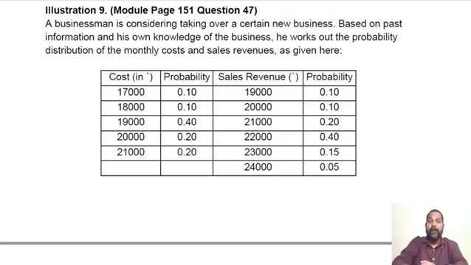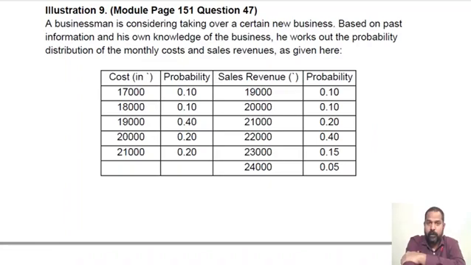Based on his own knowledge of the business, he works out probability distribution of monthly cost and sales revenue as given. So he has made a probability distribution of 2 things. One is a monthly cost and the other is a monthly revenue. And that is there in front of you.